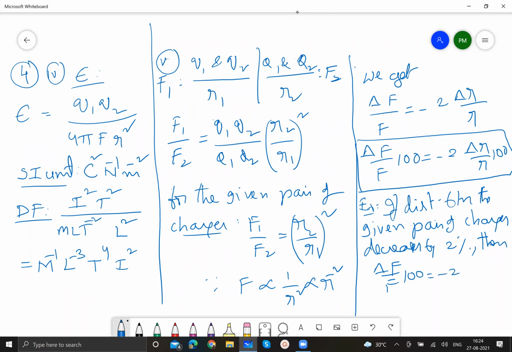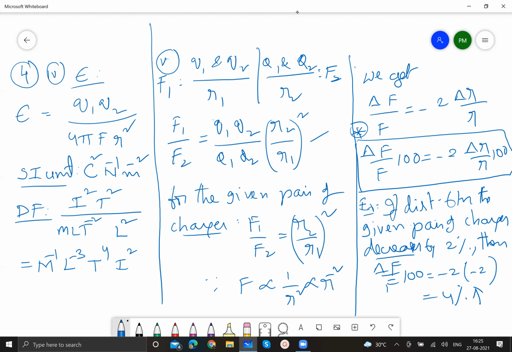So it is -2 into -2, because it is given as a decrease. So 4% increase. If the distance is decreasing by 2%, then the force acting between the pair of charges will increase by 4%. Yeah, this relation is to be remembered. Simple only.